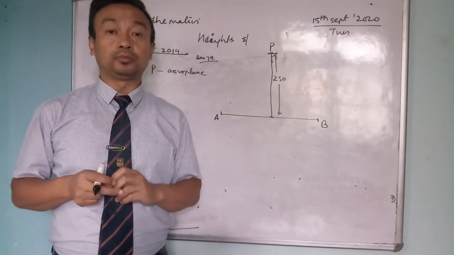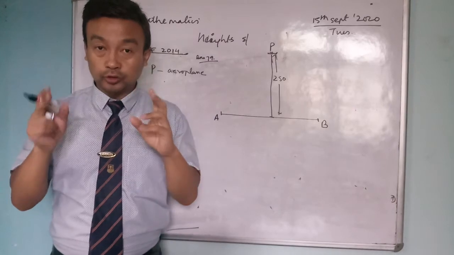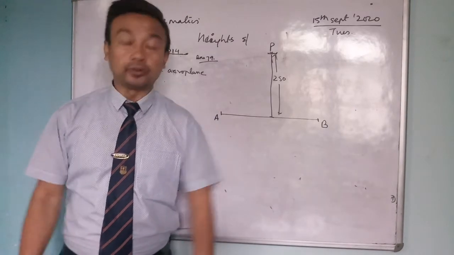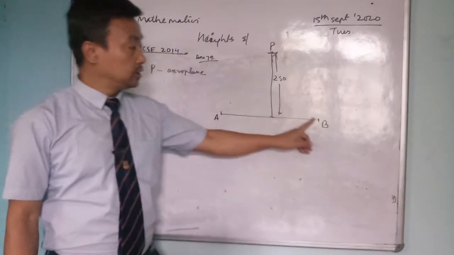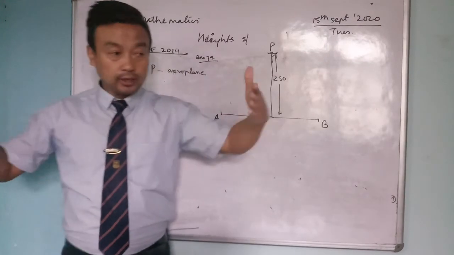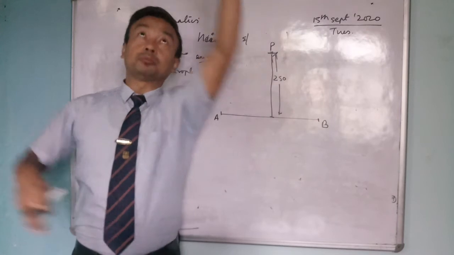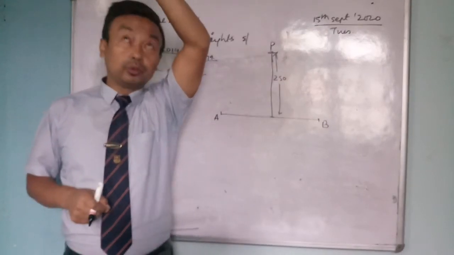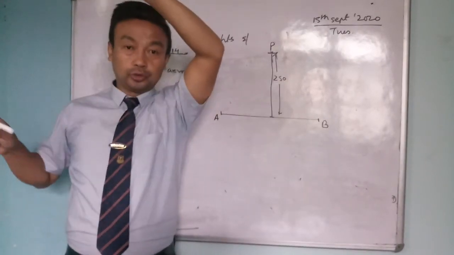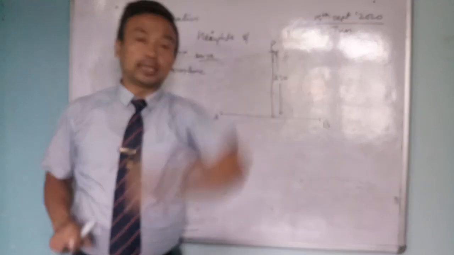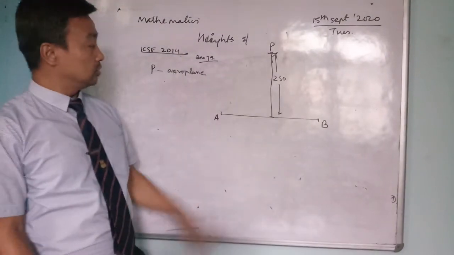You are observing two boats on the opposite bank of a river. So this is one bank and this is the other bank. They are the opposite banks. That means this aeroplane is somewhere between the two boats. It may not be exactly at the center. It is not mentioned, and that is not important also.